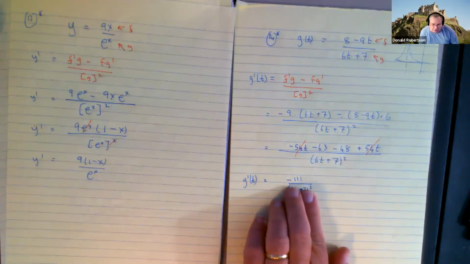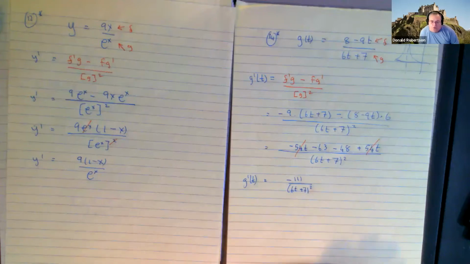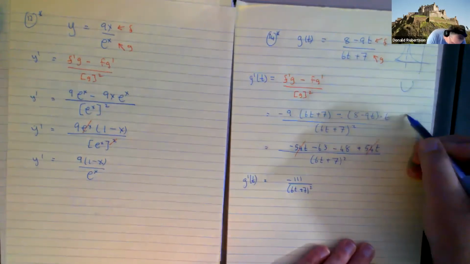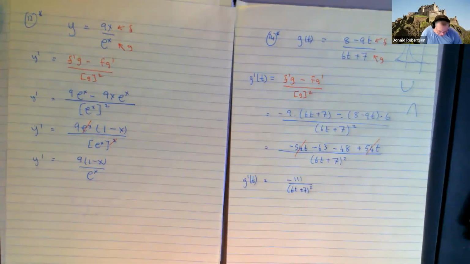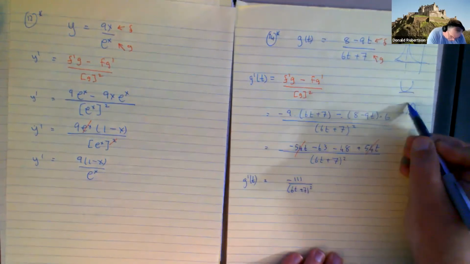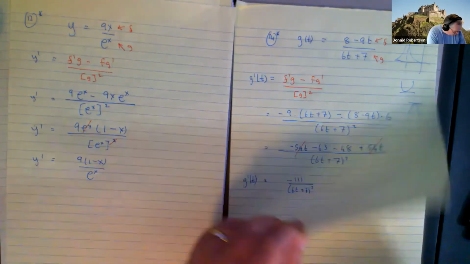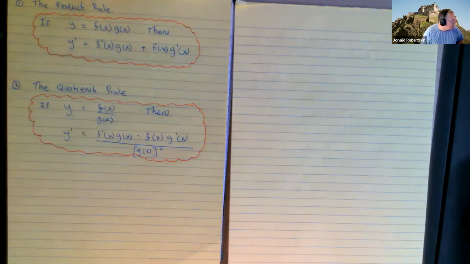And the numerator here is a number, negative 111. So I might not know an awful lot about this curve, but what I can tell you for sure is it's never going to look like that at any point on its curve, because that would give you 0 derivatives. So even although it's not a lot, you can tell straight off by looking at the derivative whether or not something's likely to have a hill or a valley on it.